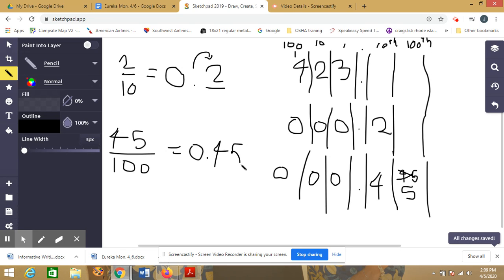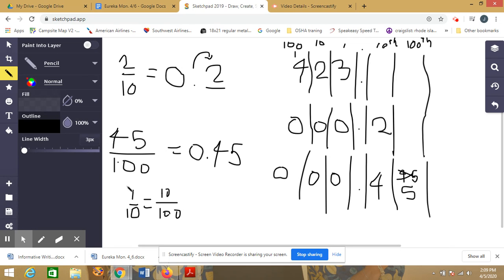But the reason that 4 goes in the tenths is because of one of the first ideas we studied: 1 tenth equals 10 hundredths. So what does that mean? Do you remember when we took tens out of the hundredths? How many tens could we take out of here?